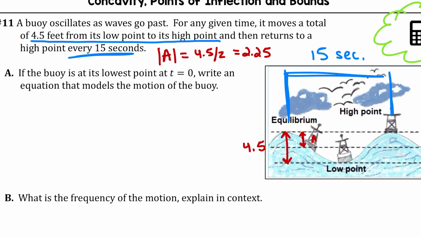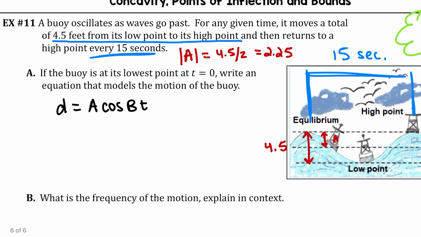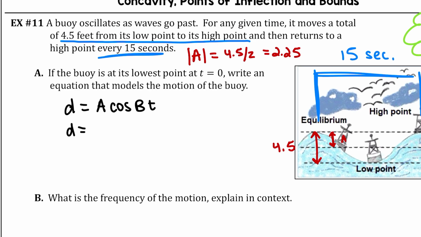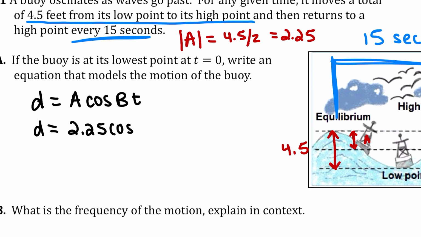If it's starting out at a high, that means we're going to use cosine. So we have D equals A cosine BT. Let's plug in. D equals our amplitude, which we already found, 2.25, cosine, and B we need to find. B comes from our period formula, 2 pi over B.